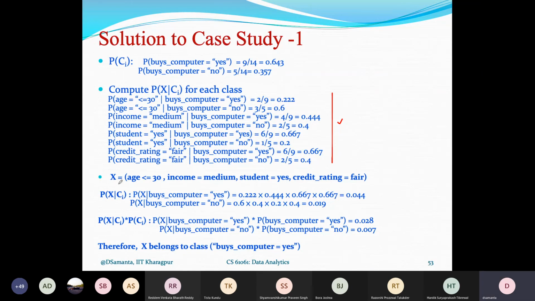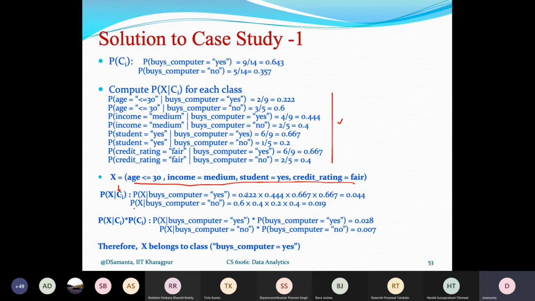Now I just want to test for this test data which class it belongs to. So I can see whether X belongs to the class C1 or not. That means this is actually the probability that it is X given customer yes, right?